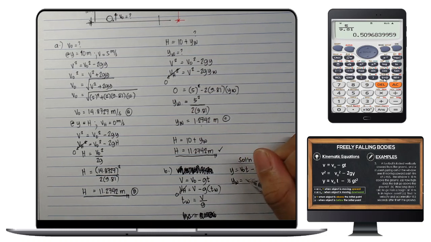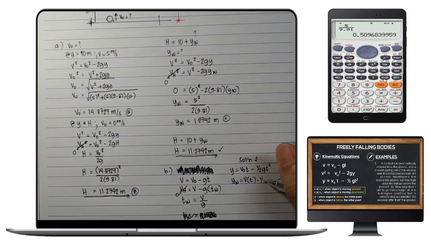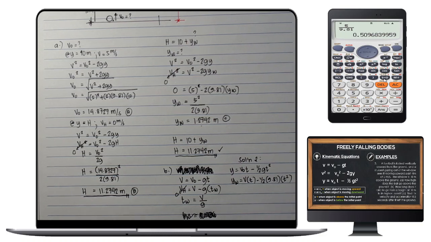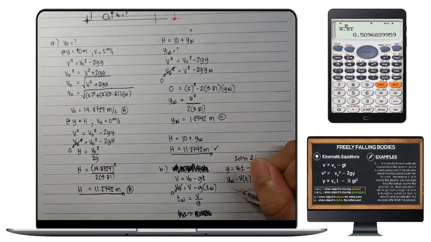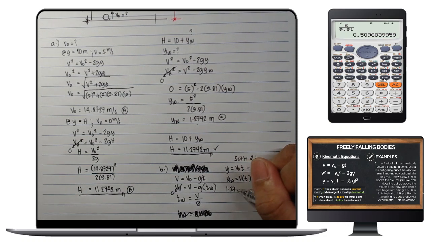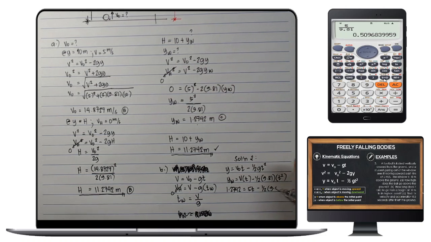So y sub w is equal to v times t, which is unknown, minus 1/2 g, which is 9.81, times t square. Okay? So, y sub w natin, meron tayong value, which is 1.2742 is equal to v, which is 5, times t, which is unknown, minus 1/2 times 9.81 times t square.